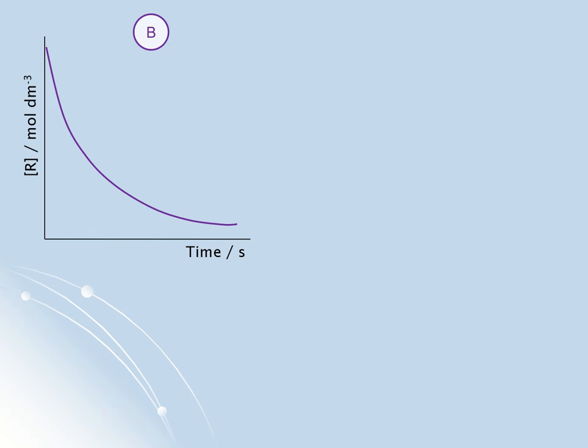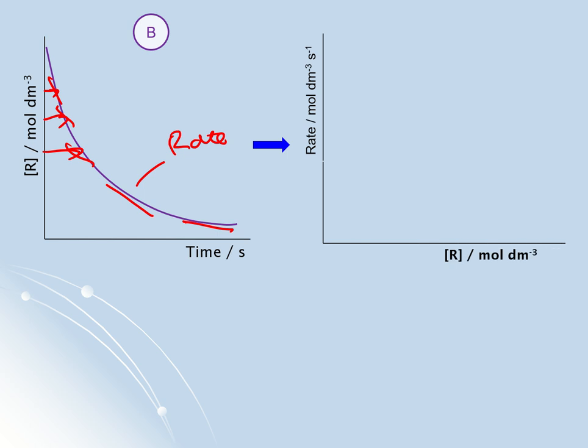Okay, let's look at the next concentration time graph. Here we would plot gradient, gradient, gradient. We will have our gradient lines, excuse my artwork, and remember our gradient is our rate. So from that, we plot those into a table and then we plot them on our graph, we get a straight line.